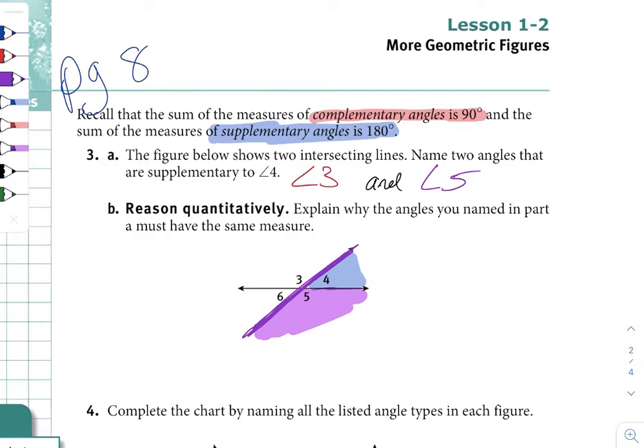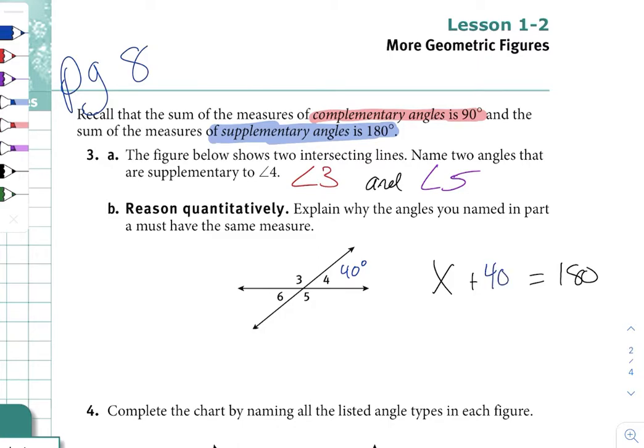So it says explain why the angles you named in part A must have the same measure. Well, let's take a look at this. Let's make a fake number for angle 4. Let's just pretend, let's say this angle is 40 degrees. We'll just make up a fake number. So if I have an unknown angle, we'll call that x, and I'm going to add to that, and it's going to equal 180 degrees because that's what it means to be supplementary.